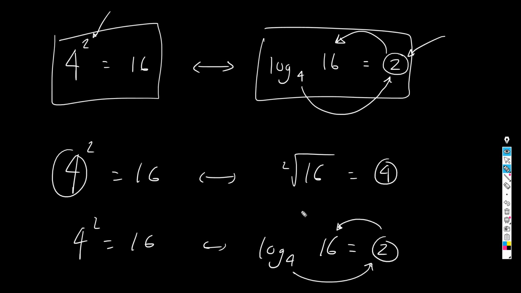You see? So basically, guys, what I'm telling you is this. The logarithm is a definition of an equivalent statement of this, so that you can get the exponent, not the base. It will allow you to get the exponent. That's all it means, guys.